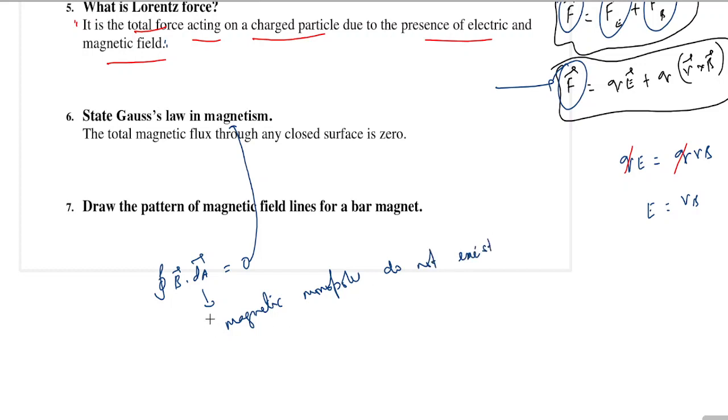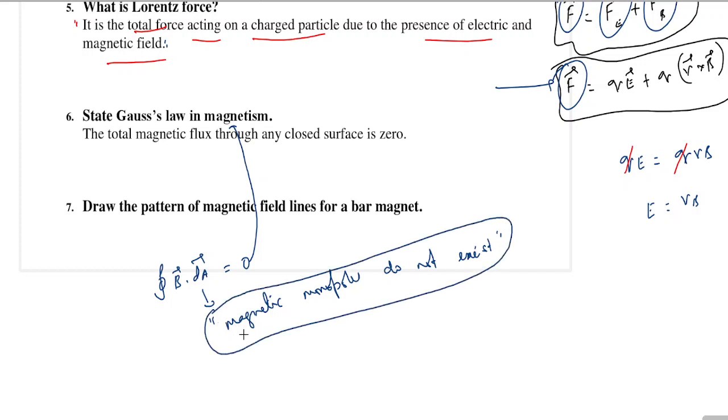Even this is a very important statement. The question could be clubbed in two ways: state Gauss law in magnetism and explain its significance. These two can be combined together as a 2-mark question.